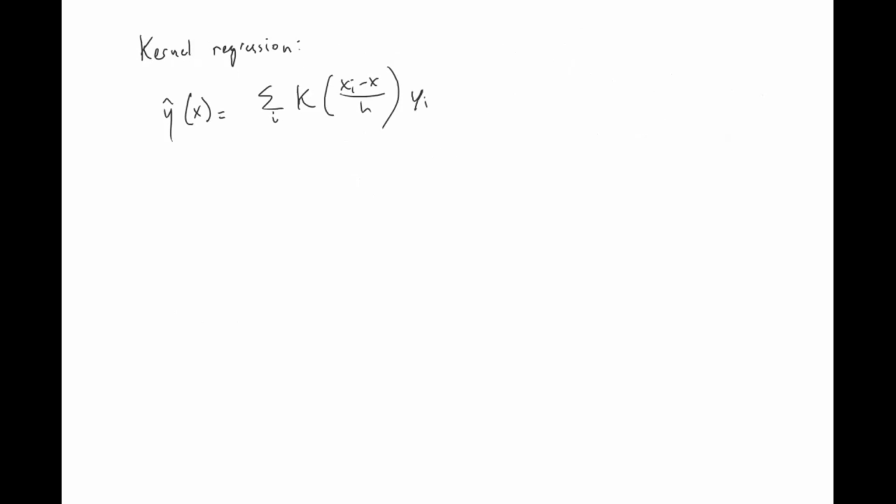And again, this isn't something that you'll need to memorize, but we're going to walk through exactly what's going on here. So in here, we're going to look at this value, h. So h is known as the bandwidth.